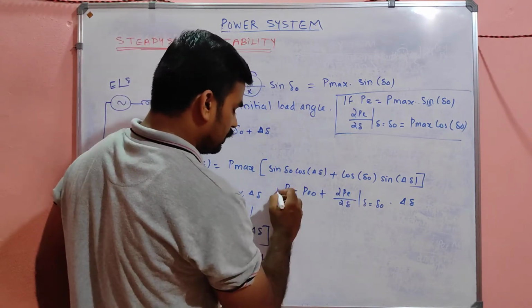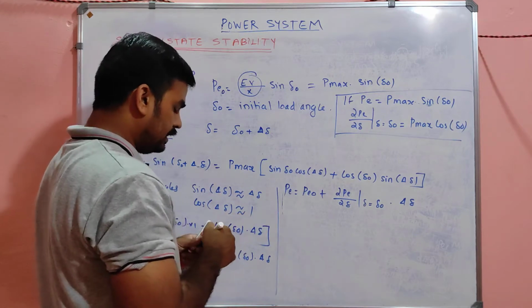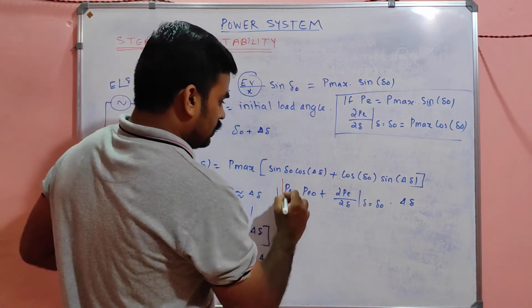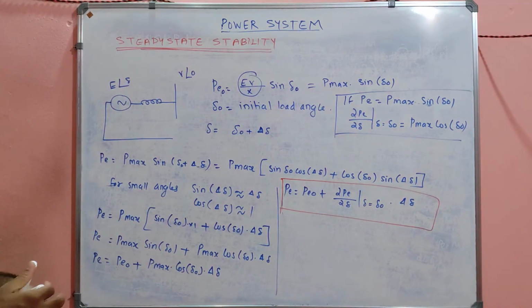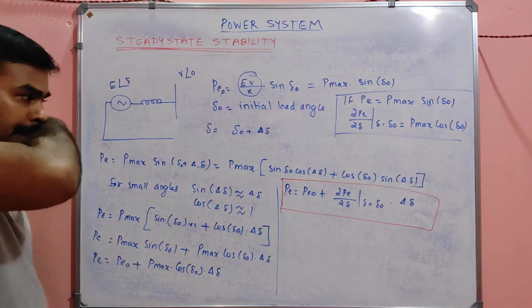So from this equation, this is the important relationship. P is equal to P0 plus dou P divided by dou del into del at del is equal to del 0 into delta. Is it clear?